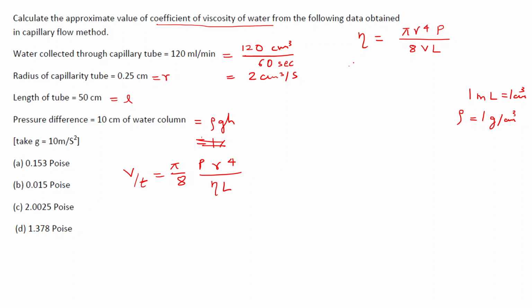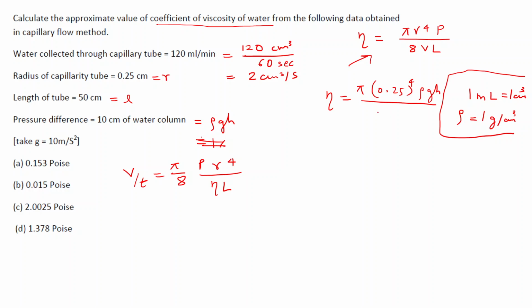So from this expression, eta will be pi, and the radius of the capillary tube is 0.25 to the power 4. This is the other information. 4, and pressure is rho g h. I'll substitute its value.